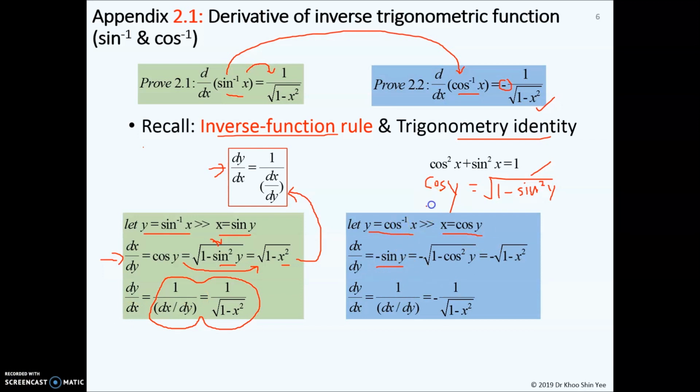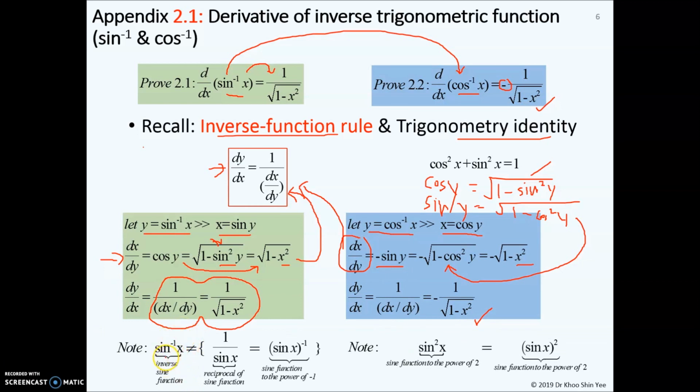Similar approach, to get the sine y, it will be just equal to square root of 1 minus cos square y, where you can substitute inside. And since x is equal to cos y, you can replace it here, you get x squared. And this is your dx over dy. Thereby you can substitute inside this formula 1 over dx over dy, and this is your final answer.